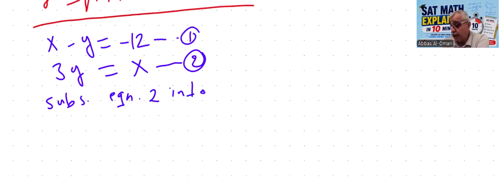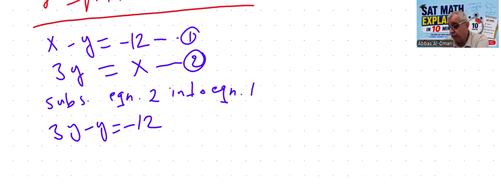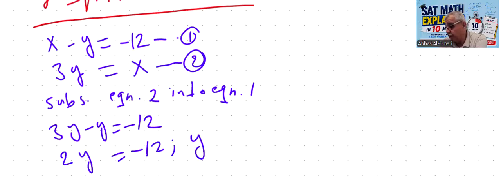So 3Y minus Y equals minus 12. So 3Y minus Y is 2Y, equals minus 12, and Y equals minus 6, which is minus 12 divided by 2.